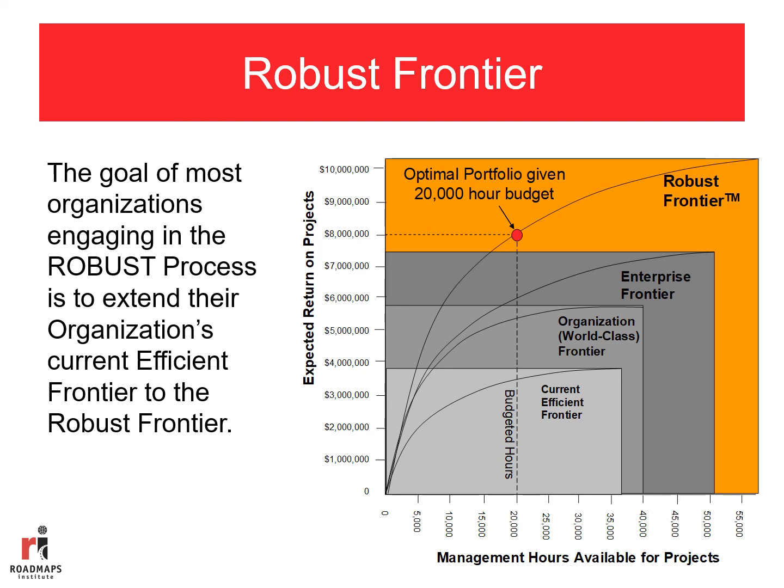Now, this example you see on the right is one that we've carried through for all of the chapters, showing a budgeted 20,000 hours for a given enterprise or company or organization. Every time the efficient frontier is increased, the expected return from the projects of the portfolio, given by the red dot, goes up.